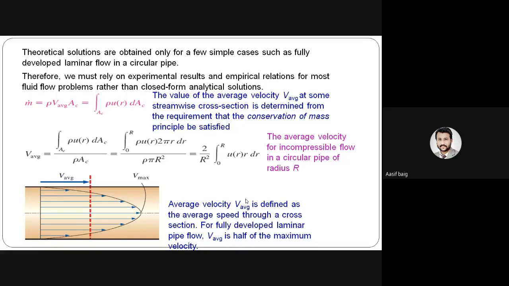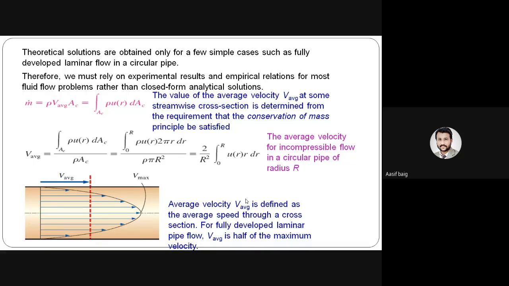So the theoretical solutions are obtained only for a few simple cases such as fully developed laminar flow in a circular pipe. Therefore, we must rely on experimental results and empirical relations for most fluid flow problems rather than closed form analytical solutions. So here is the equation for the pipe flow: rho into velocity average into area of that circular pipe.